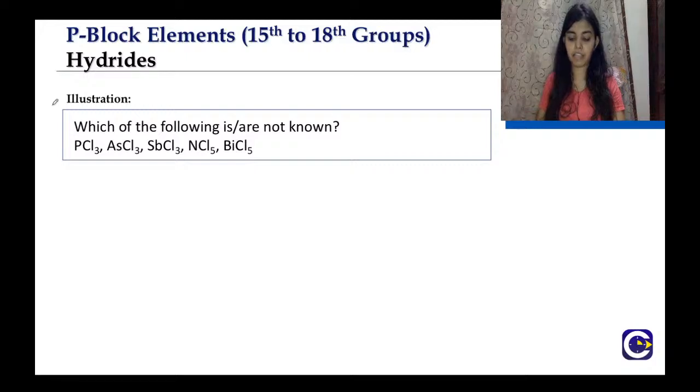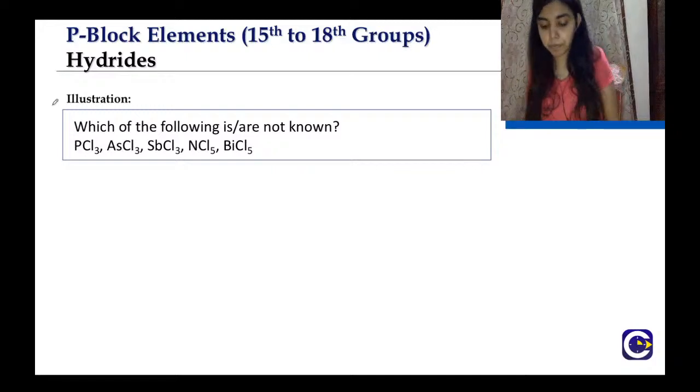What should be the answer for this particular question? It is very easy, just focus on the options. Which one is not possible? Formation of which is not possible?